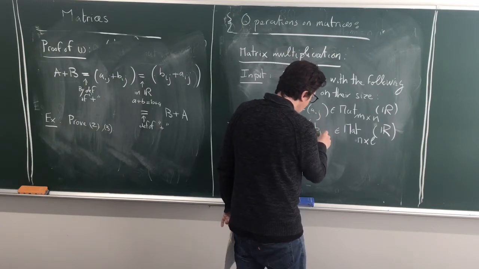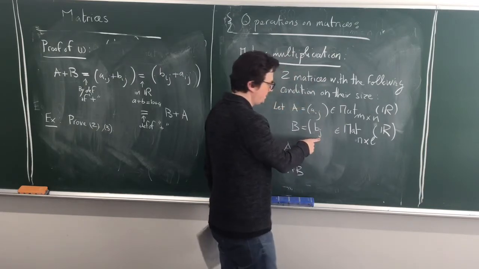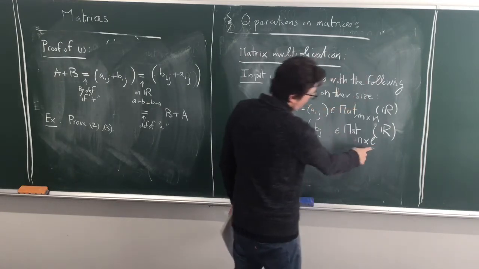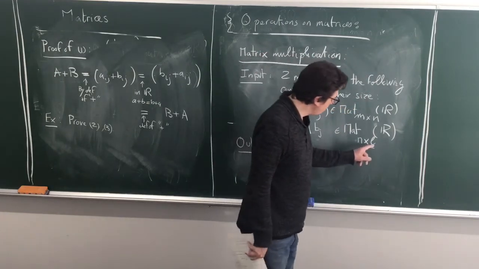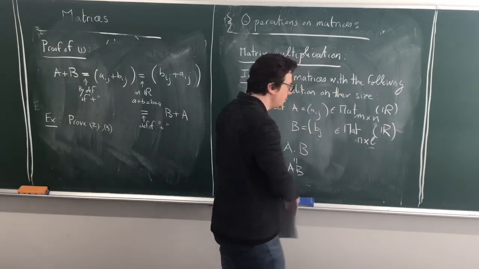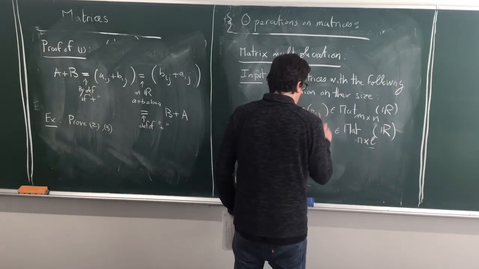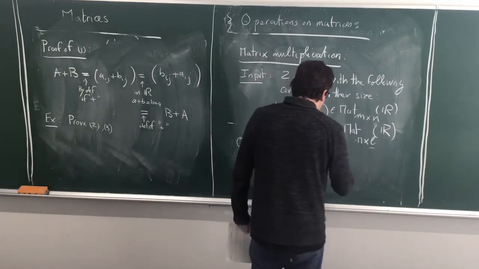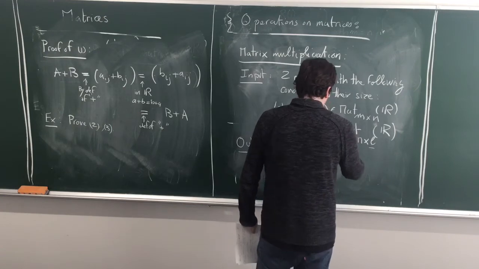So here I need to take this index, J. Here I picked another number for the number of columns, and I call it L. So I cannot choose I here for the column index, and I cannot choose J. I need to choose a new letter, so let's call it K.